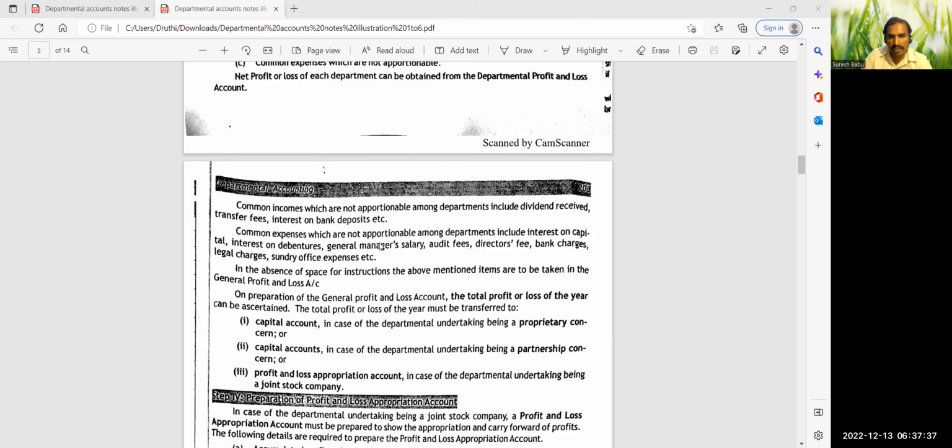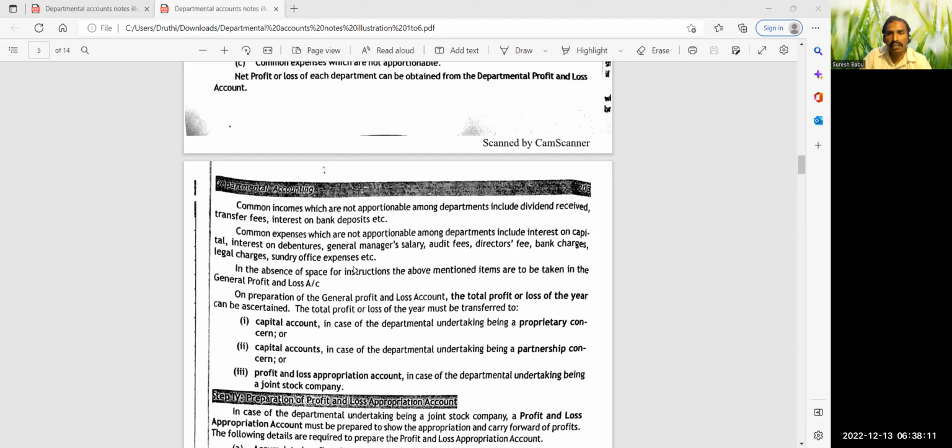Then common expenses also are not apportionable, hence to be recorded in the general profit and loss account, like interest on capital, interest on debentures, general manager's salary, audit fees, director's fees, bank charges, legal charges, sundry office expenses, etc. What do you mean by this? These are common indirect expenses which cannot be apportioned to each department, because it is not department-wise expenditure, it is the unit-wise complete undertaking's expenses.